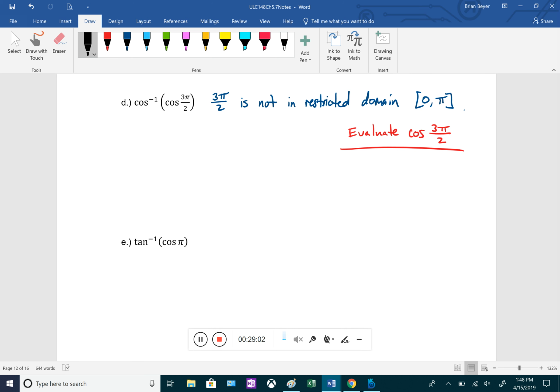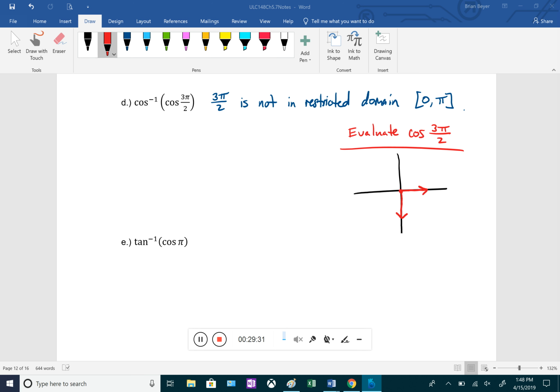So if we didn't remember that and we tried to draw the reference angle for it, 3 pi over 2 would be the negative y-axis, so we wouldn't be able to do the reference angle method for this. So what's going to be the easiest way to remember this? You could always plug this in the calculator, I suppose, and it would give you the answer of 0, so it wouldn't give you a nasty decimal answer.